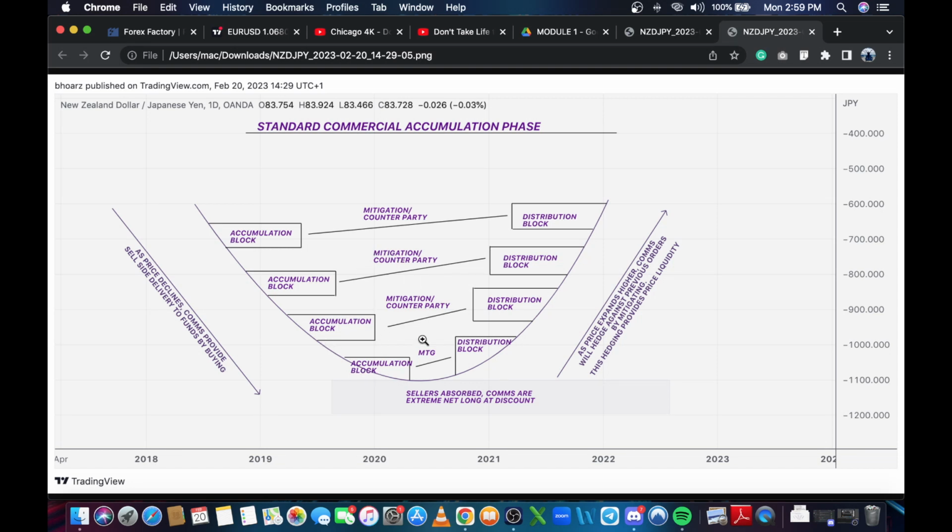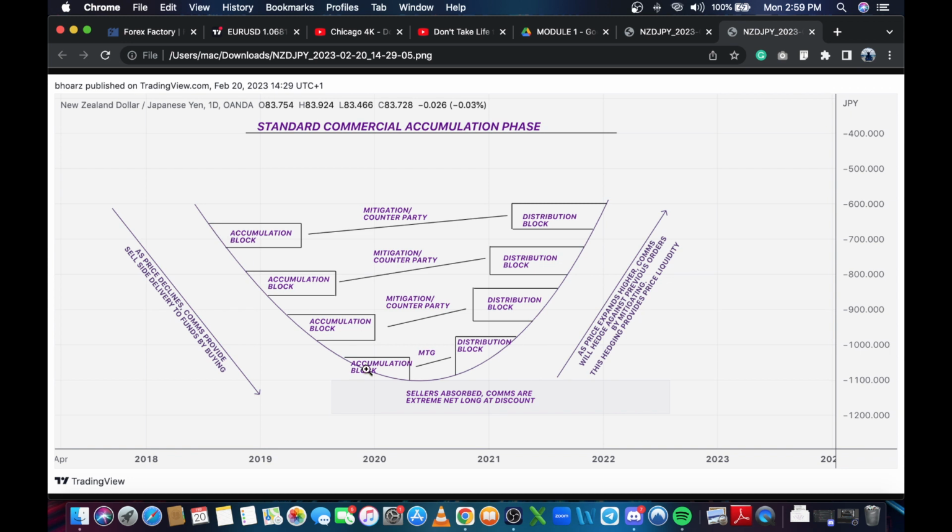Once their books are extreme net long, order flow shifts to the buy side. Now they have to start providing buy side liquidity to the funds. So what do they do? As the market starts to rally higher, they mitigate against pre-existing longs. They sell the pre-existing longs to mitigate position. Remember, the funds are trend following, so the funds want to buy.